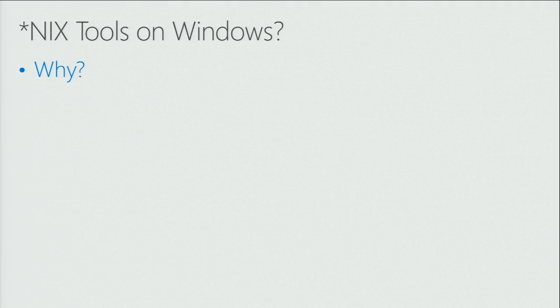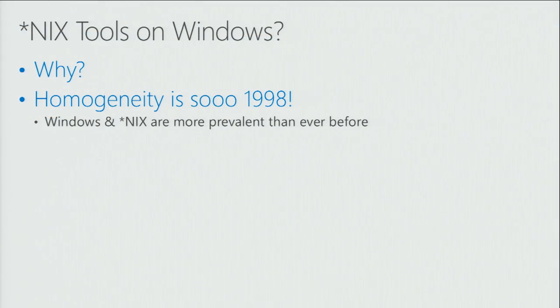So one of the key questions is, why would we integrate Linux and Unix command line tools into Windows? Well, it turns out that modern-day developers, especially those working in open source projects, have to build applications and technologies that span the gamut, that span Windows and iOS and Android.